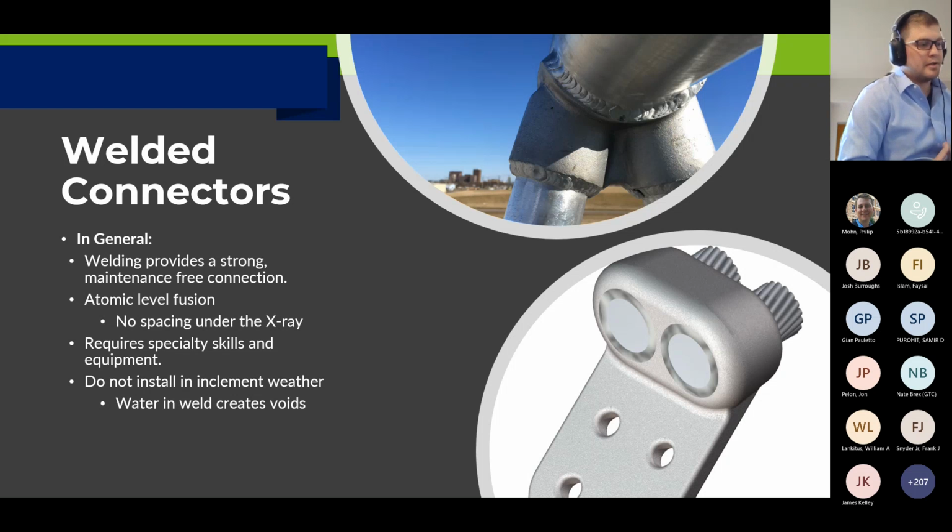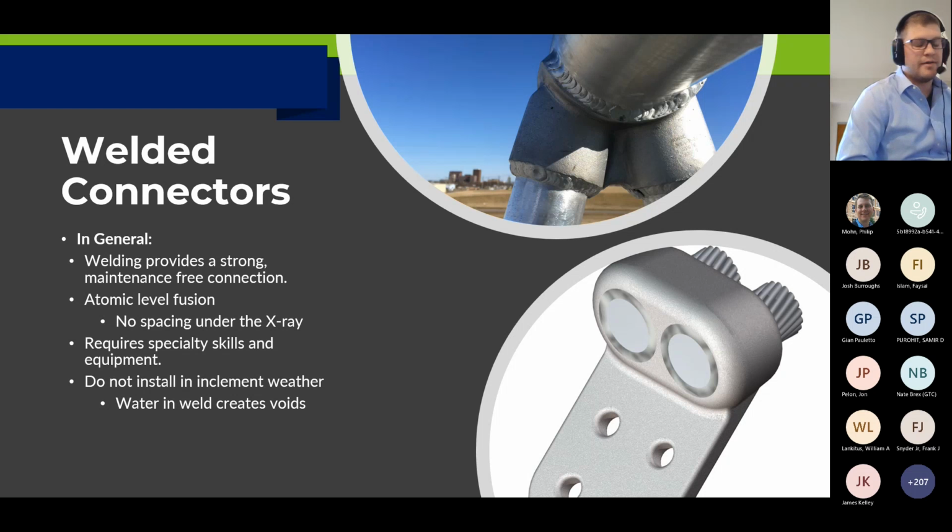Another thing to consider when you're doing your design, going back to client preference and the economical side of things, is this: if I am doing part of a station where we're going to have over 200 connectors we're installing all over the place, and let's say only one or two of them we for some reason chose welded, well, welding is going to require someone with specialty skills and specialty equipment, and in the big picture, is that going to be cost effective versus if you say half of what you were going to do is being welded?